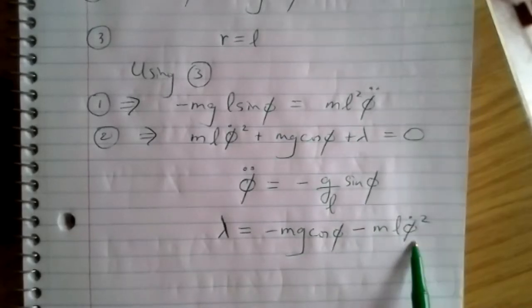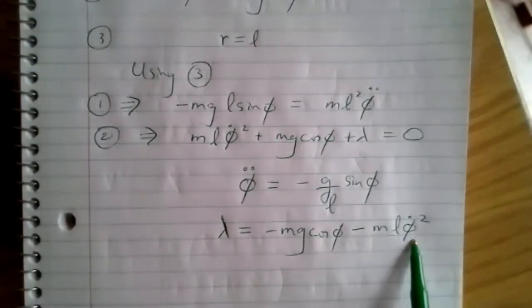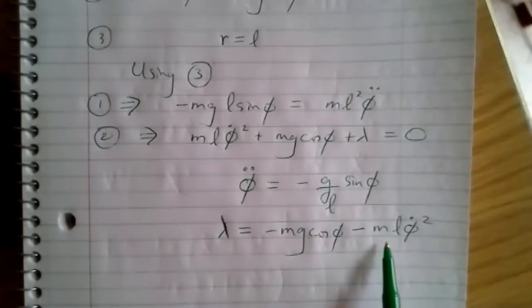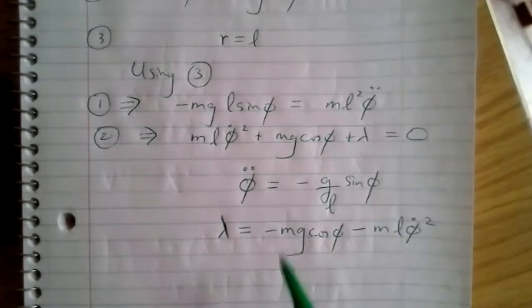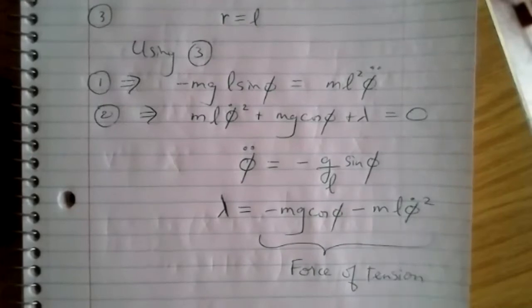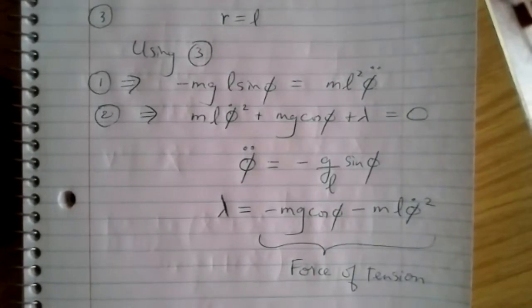It's picking out a component of the force of gravity, and it's picking out ml phi dot squared. If we think of phi dot as omega, and L as the radius of the circle it's moving in, this is basically m r omega squared. But that's just centripetal. So altogether, this is actually the force of tension, which is the constraint force enforcing the motion along that circle.